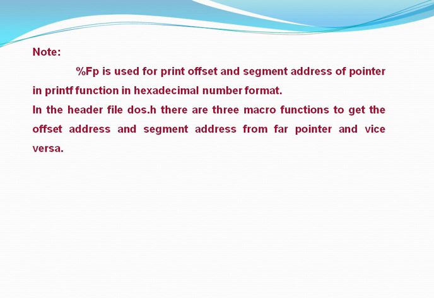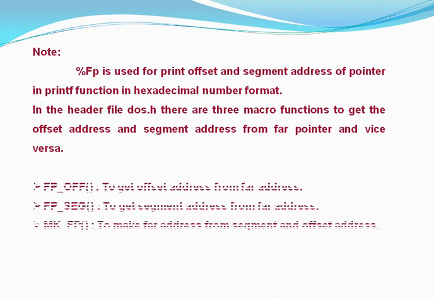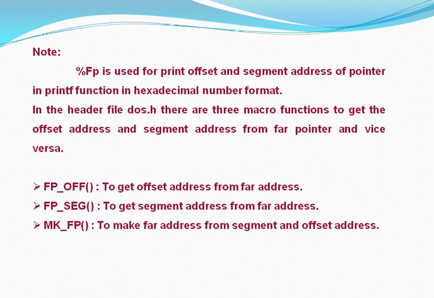So percentage FP is used for print offset and segment address of pointer in printf function in hexadecimal number format. In the header file dos.h there are three macro functions to get the offset address and segment address from far pointer and vice versa. So by using these macro functions you can print individual offset address, individual segment address, and you can build both the segment address and offset address into a single one.